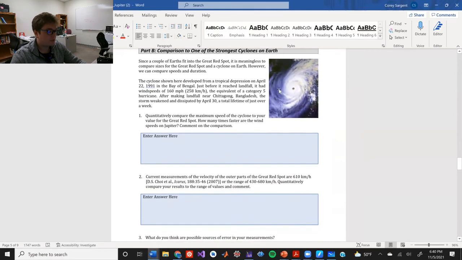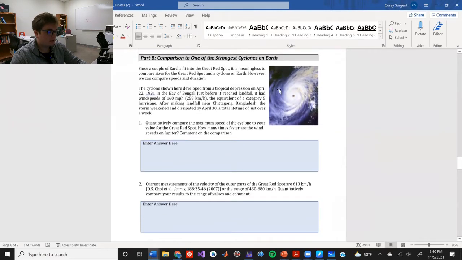And so in part B, you're going to take that velocity that you found of the Great Red Spot, and you're going to compare it to some of the strongest cyclones that exist on Earth. And this particular one is talking about the one from April 22nd, 1991 in the Bay of Bengal, right? It says it reached 258 kilometers per hour.